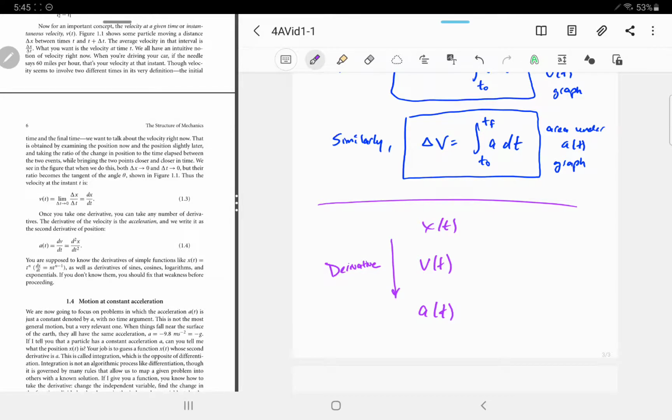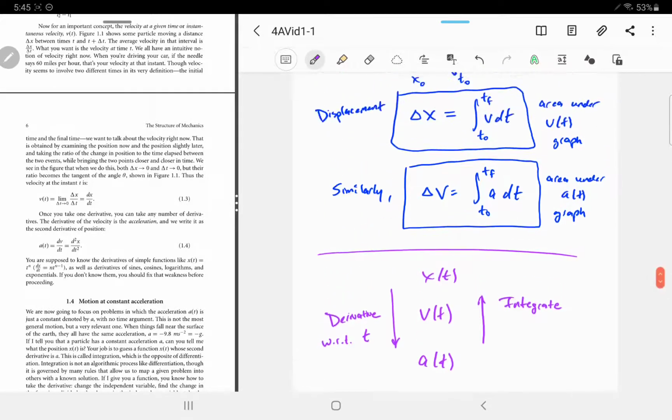So if you have x of t, you take a derivative with respect to time, and then you get velocity. Take another derivative, you have acceleration. To go the opposite way, you have to integrate. So if you integrate v of t, then you get x. But remember, it's delta x, right? If it's a definite integral, then you get the displacement delta x. All right?